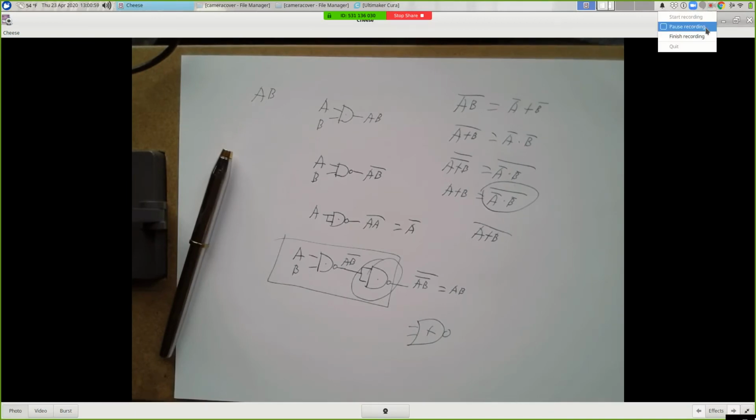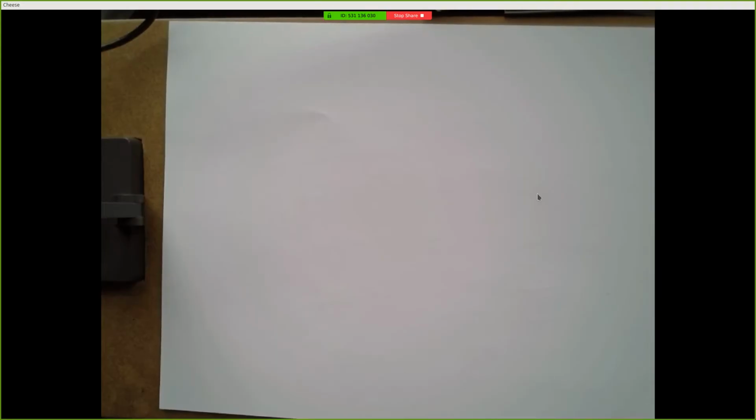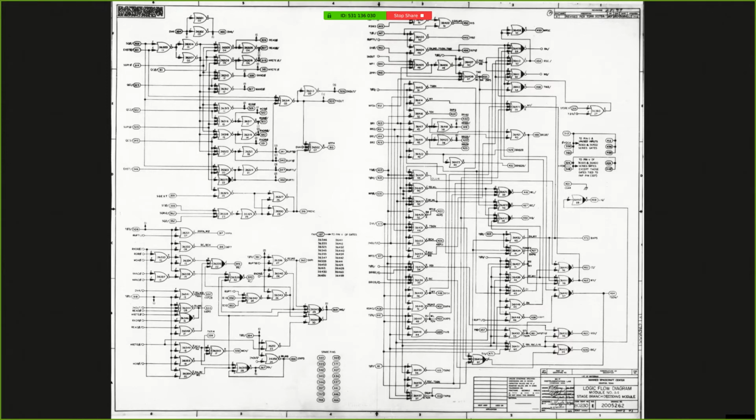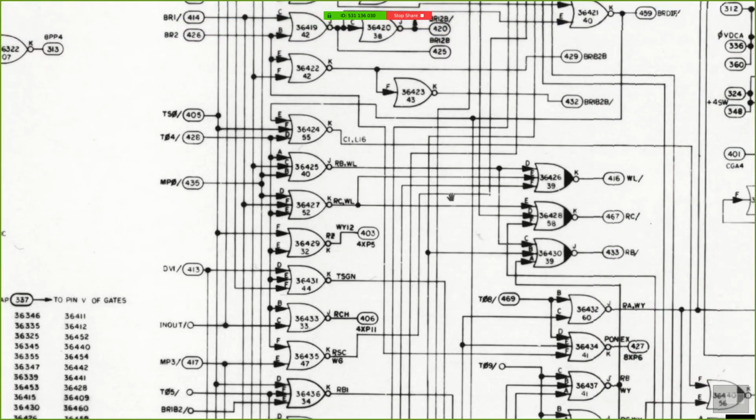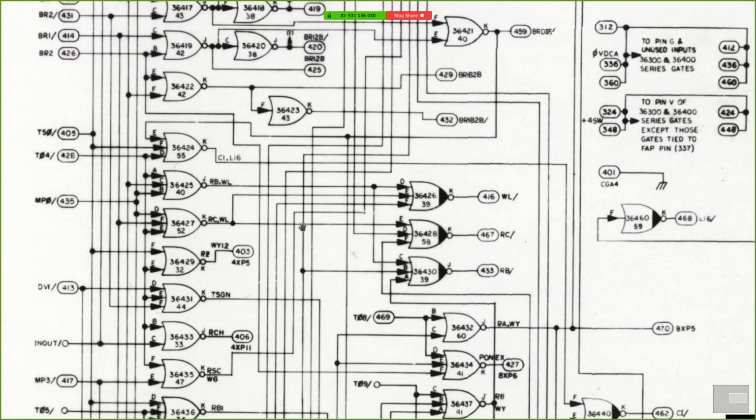All right, so just to give you an example that's kind of interesting, let me show you a circuit. This is a pretty complex looking logic diagram. If you zoom in and look at this, what do you notice about it?